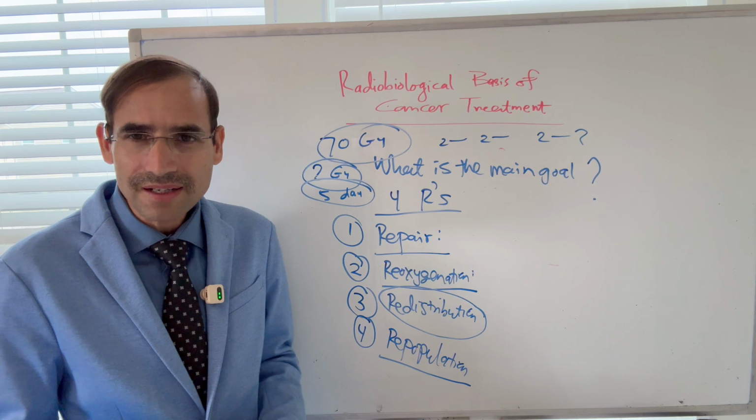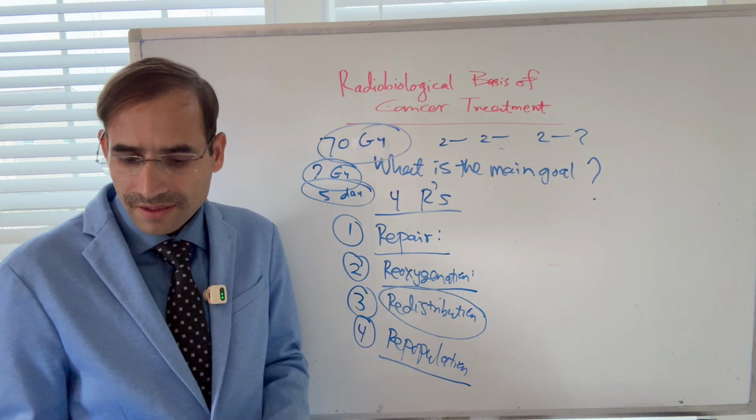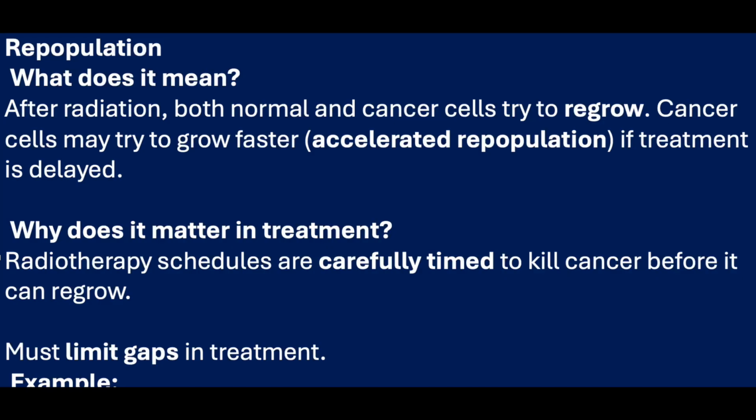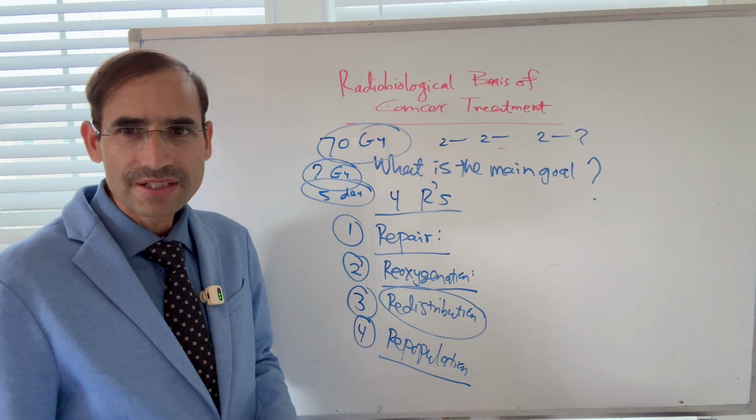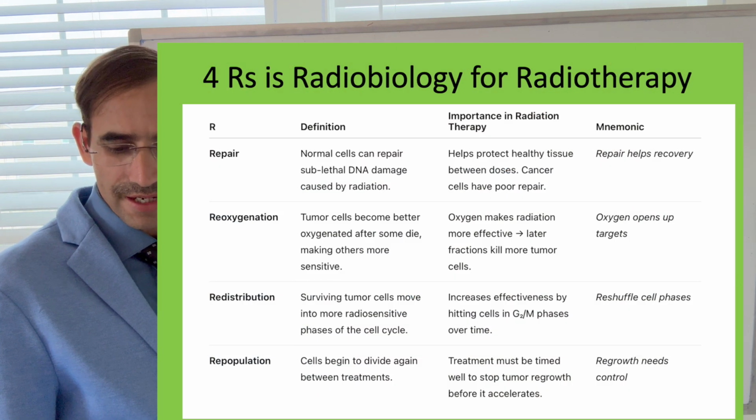They try to repair and regrow, but at the same time, due to the fractionation, we hit them again with radiation on another day. So both the healthy and the cancer cells try to regrow, but the fractionated doses help us outpace the tumor regrowth. Okay, that's the fourth principle we consider when we treat the cancer using radiation therapy.